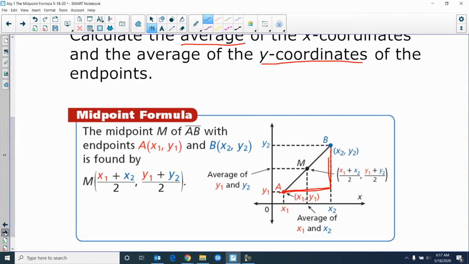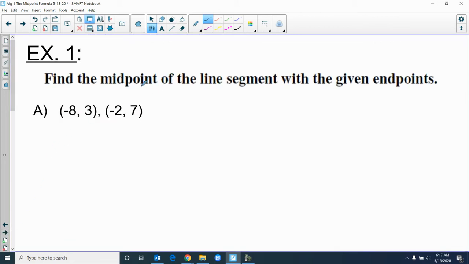Let's go through a couple examples here. Find the midpoint of the line segment with the given endpoints. Think of this as point A and this as point B. You can think of this as x1, y1 and this as x2, y2. So the midpoint, capital M, will be, and normally we don't put an equal sign for the points, I'm just going to write down the formula the first couple times.